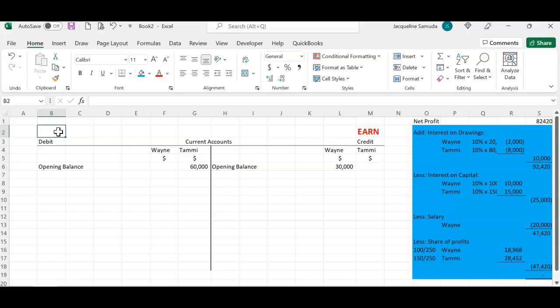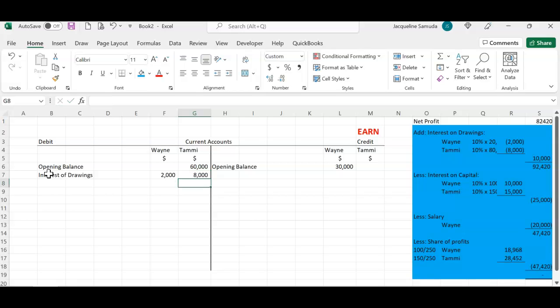Now, the interest on drawings is not money that was earned. These are penalties. So we put the penalties on this side. So Wayne had to pay out $2,000. Tammi paid out $8,000. All right.